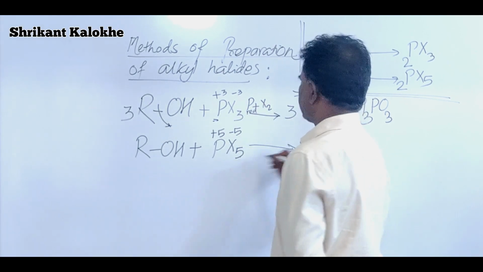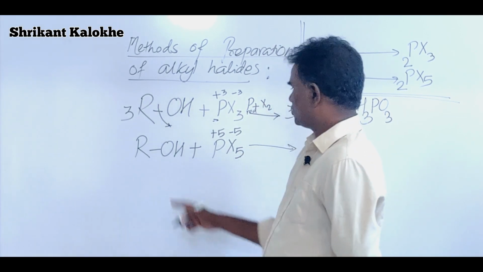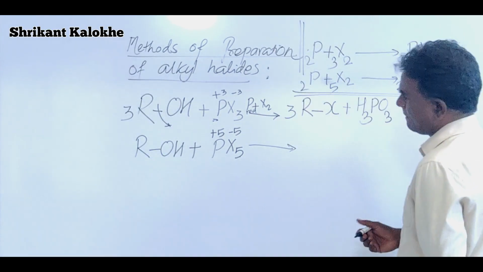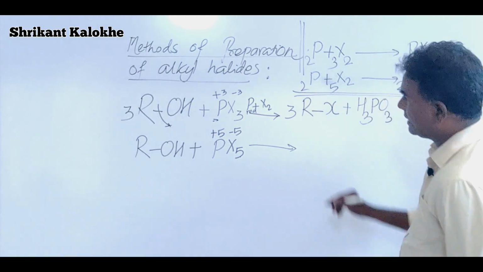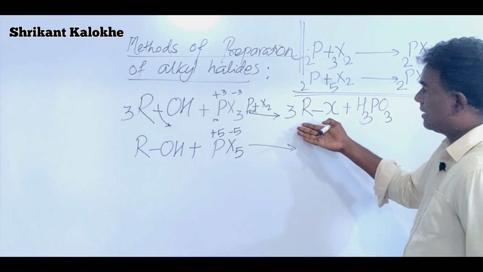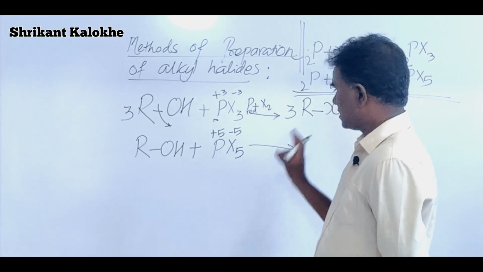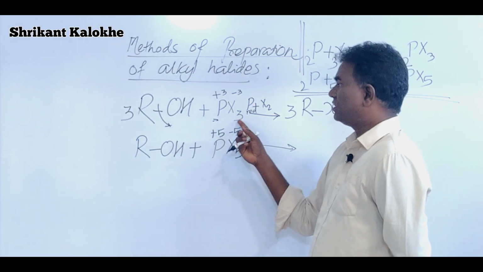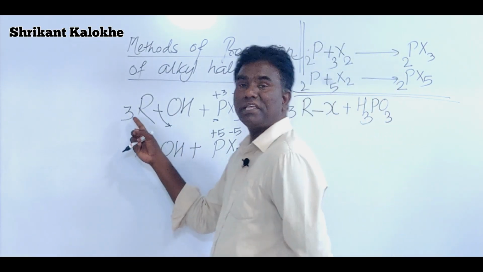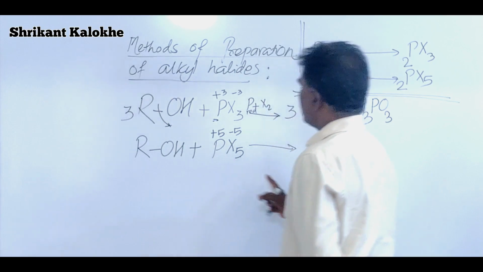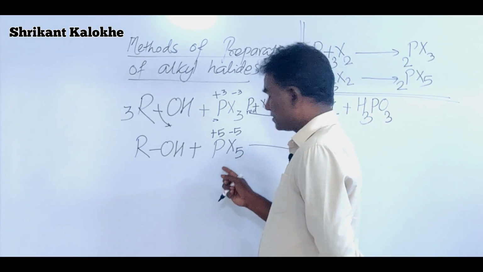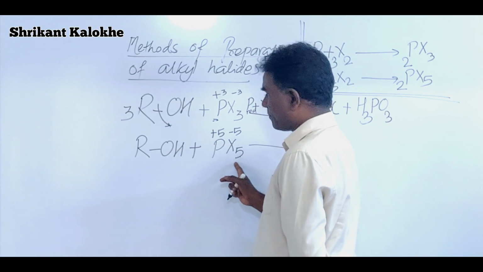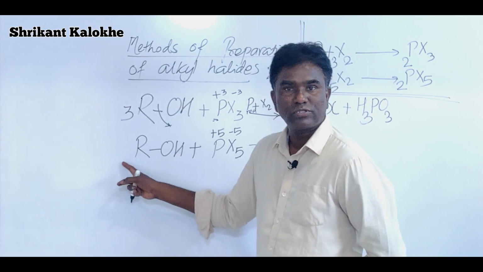And in the second case, when ROH reacts with phosphorus pentahalide, it does not balance in the same manner as trihalide, because in trihalide, with respect to 3 halogens, we have taken 3 alcohol molecules. Here we do not balance as per 5 halogens, therefore 5 ROH to be taken.